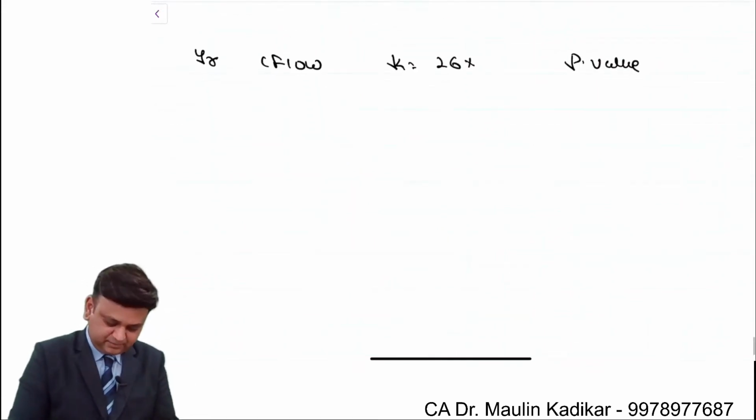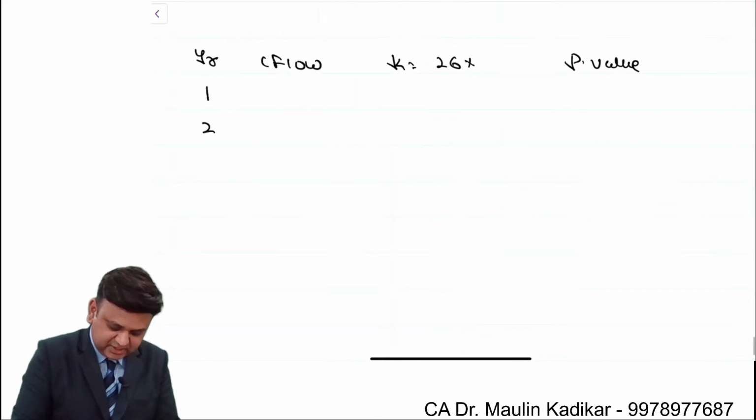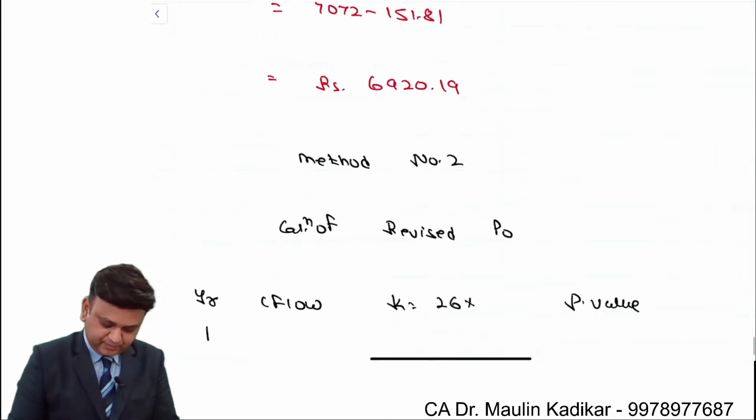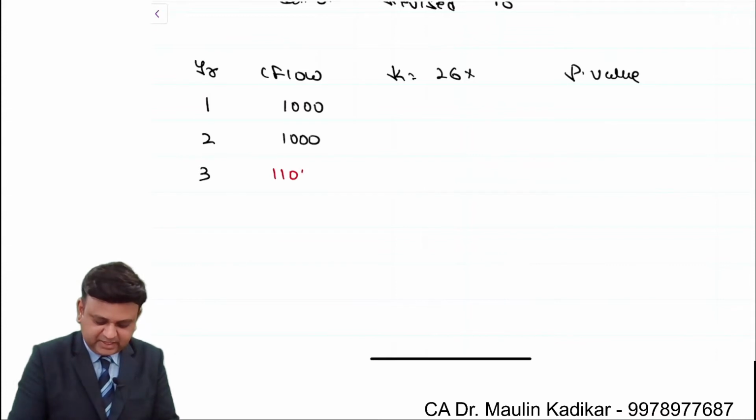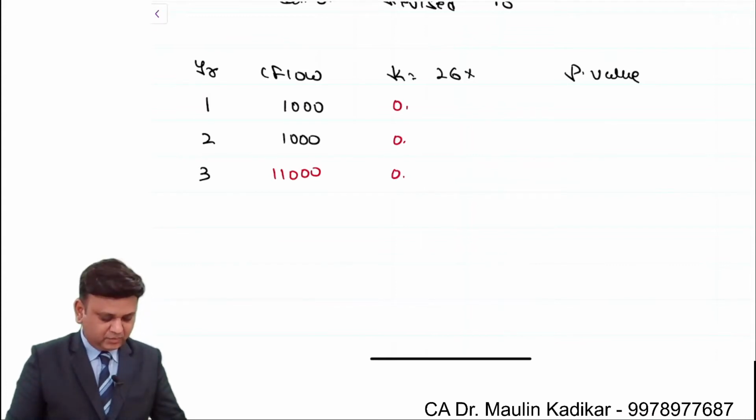Please write the answer. First year, second year, third year. The cash inflows are 1000, 1000 and 11,000. Required rate of return is 26%.